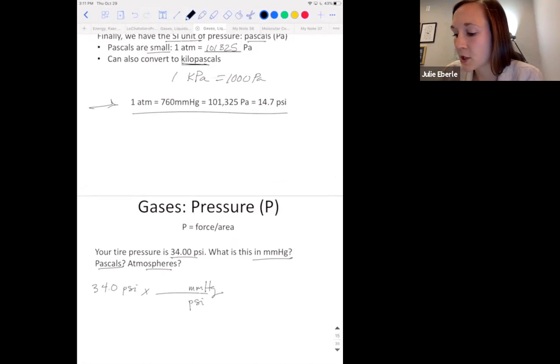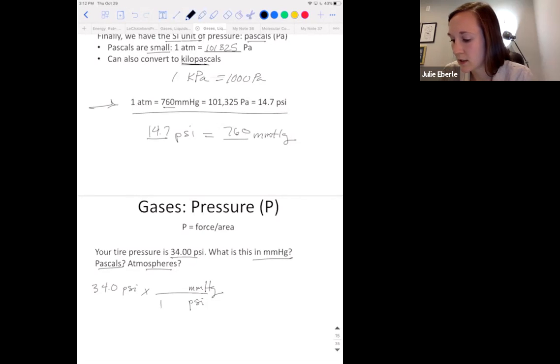So to do that, we need a relationship. How many psi equals how many millimeters of mercury? And the numbers are here, 14.7 and 760. So you just plug those in down here.